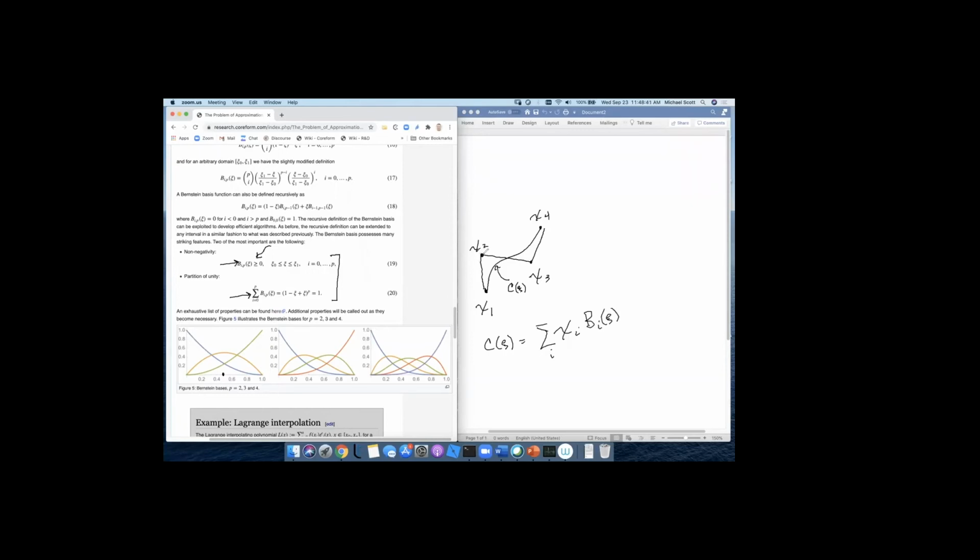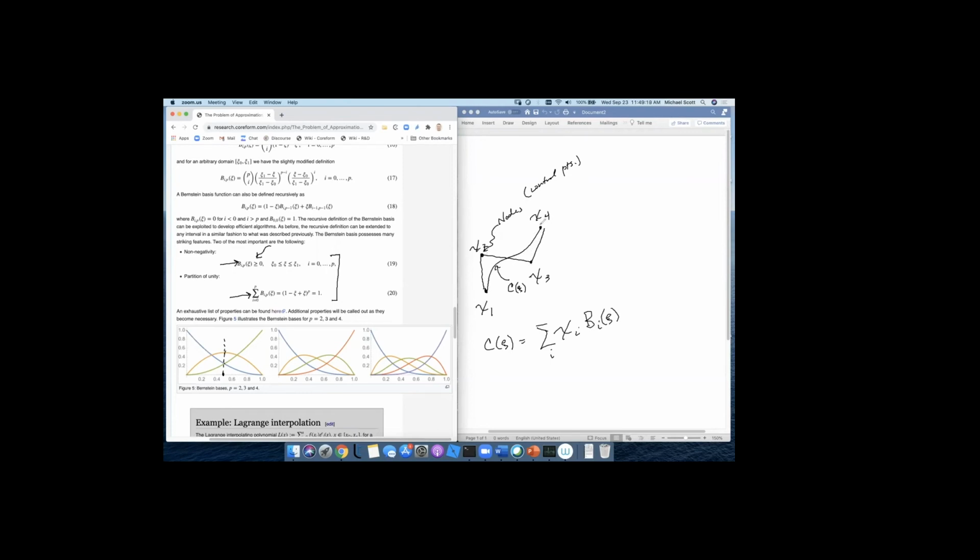But notice how the nodes, which is what we were calling them before, are now in the CAD world called control points. They no longer interpolate the curve. It's non-interpolatory because you don't have this Kronecker delta or strong interpolation property, since all three functions are non-zero. So you can think of a Bezier curve as essentially tracing out the weighted average of the nodes.